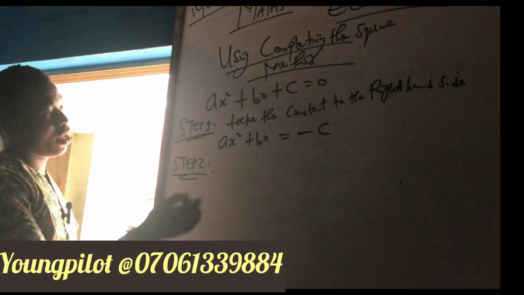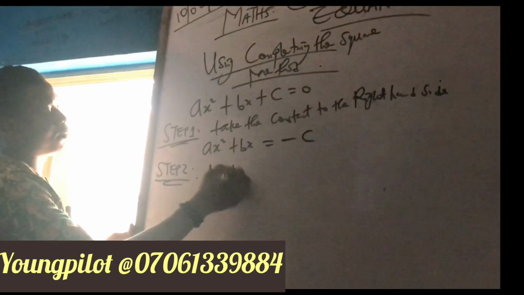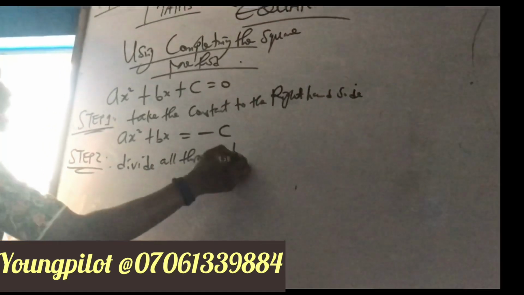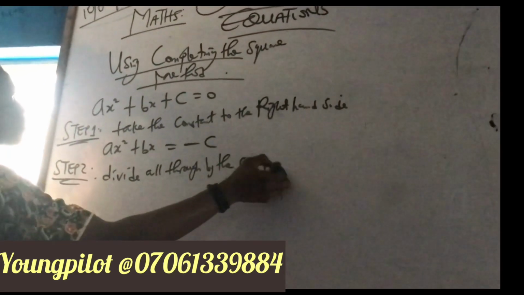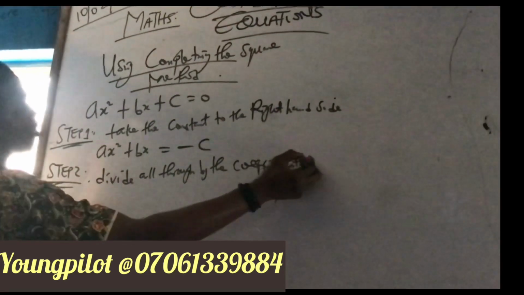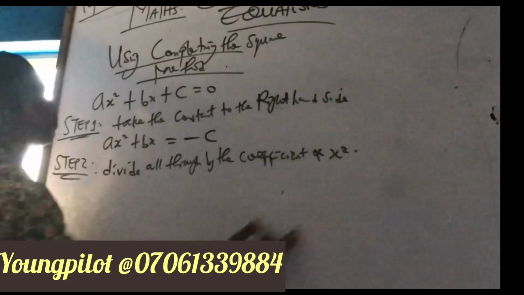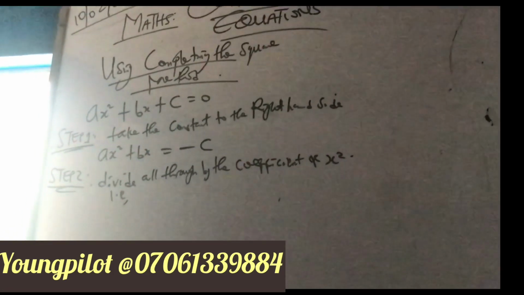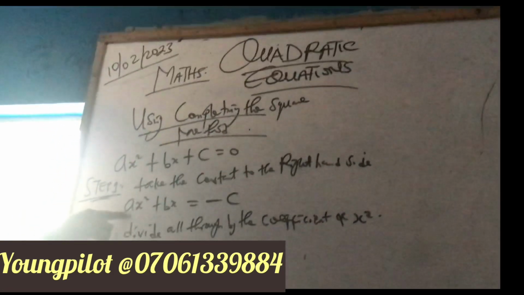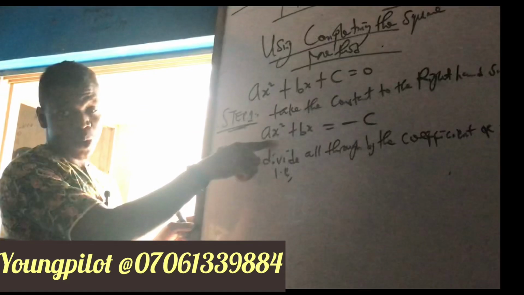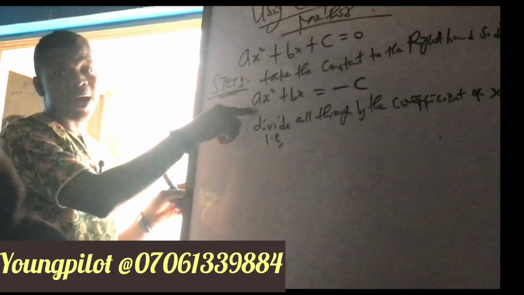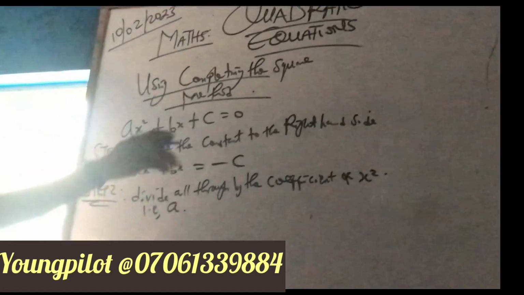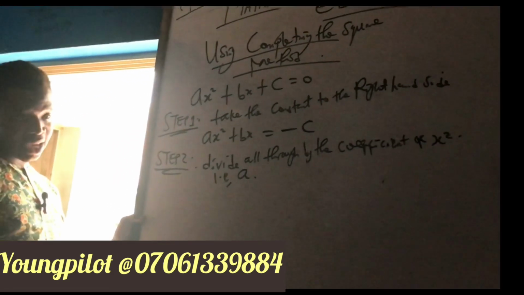Step 2. Divide all through by the coefficient of x squared. That is, the coefficient of x squared now, what's the number there? a. See, for x squared, the coefficient is the number by the side. So that is a. We want to divide all through step 1 by a.